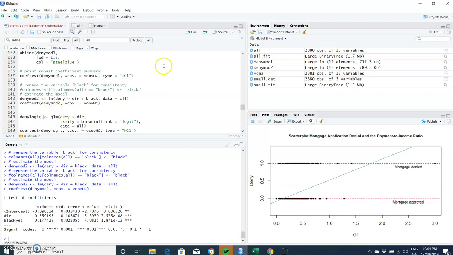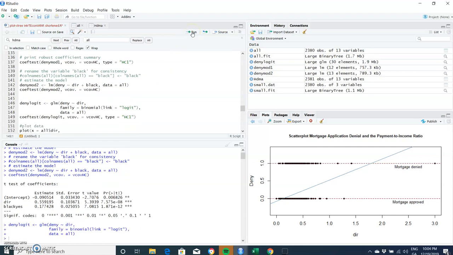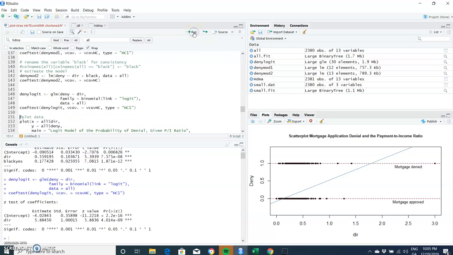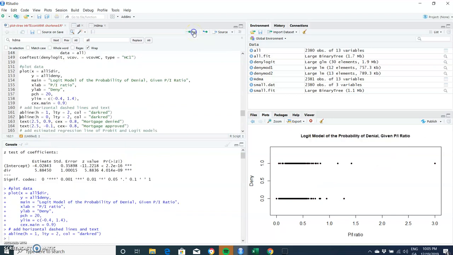Again, if we're to do this with a logit model, where the dependent variable is a 1 or 0 and the explanatory variable is just purely the ratio of monthly debt payment to total monthly income, we run that logit logistic regression and then plot the outcome.